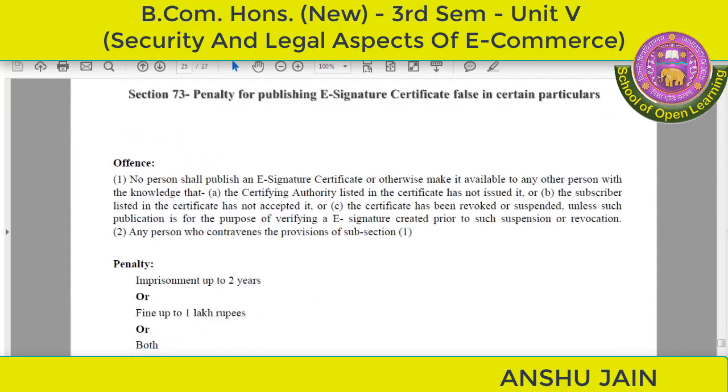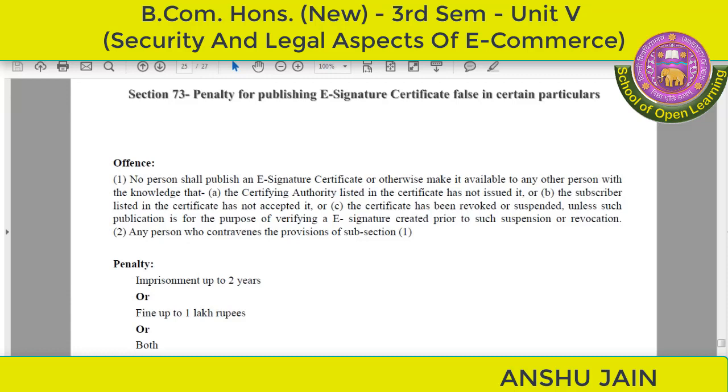Section 73 is dealing with the penalty in case you are publishing digital signature certificates in certain particulars. Now, section 73 says that no person shall publish an e-signature certificate or otherwise make it available to any other person with the knowledge that the certifying authority listed in the certificate has not issued it, the subscriber listed in the certificate has not accepted it, or the certificate has been revoked or suspended, unless such publication is for the purpose of verifying an e-signature created prior to such suspension or revocation.